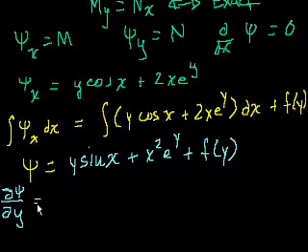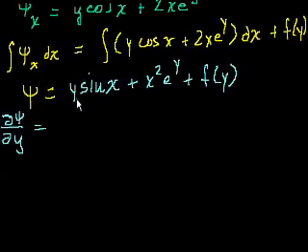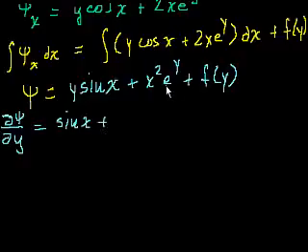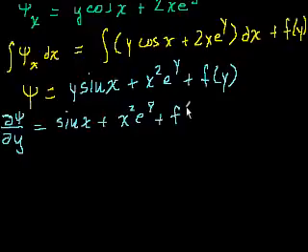The partial of xi with respect to y is going to be equal to, here, y sine of x, where sine of x is just a constant, so the derivative is just sine of x, plus the derivative of e to the y is e to the y, x squared is just a constant, so x squared e to the y, plus, what's the partial of f of y with respect to y? Which is going to be f prime of y.